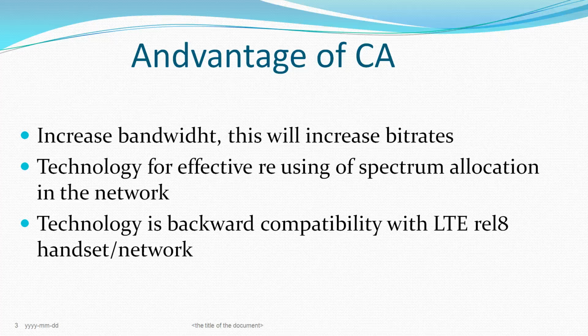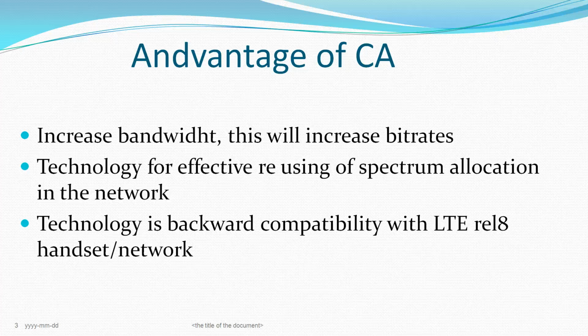So what are the advantages of carrier aggregation? First of all, we all know that user data within mobile networks today are skyrocketing and will continue to do that, as we see a lot of new apps and services requiring a lot more data. So what CA will do is increase the bandwidth within the network, and this will increase the bit rate and the user data.